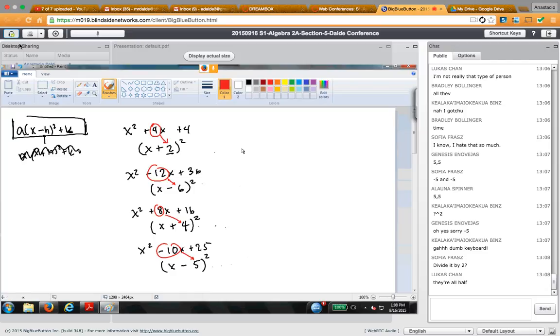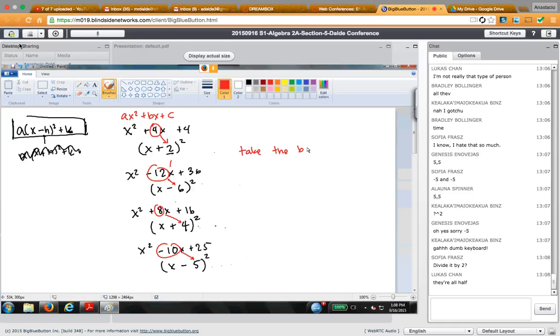So now I'm going to call this the b, because in standard form, ax squared plus bx plus c, the b is the number that's right next to the x term, and the circled number is all the ones that have an x next to it. Right? Are we cool?